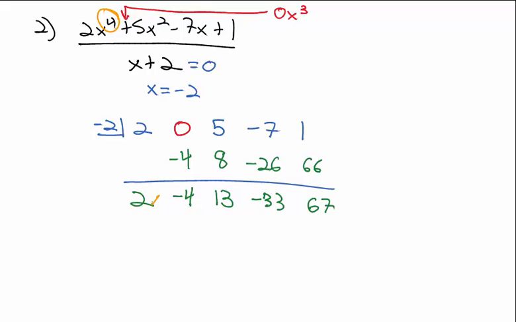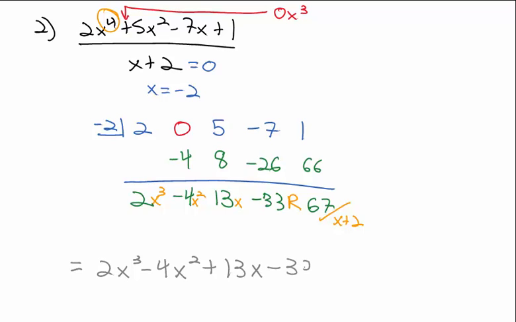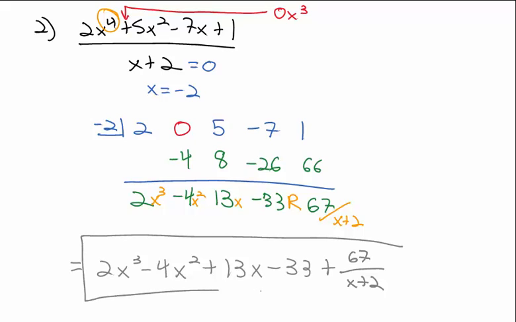Drop the exponent by 1, so we're going to start with x cubed, x squared, x, a number followed by the remainder, which is going to go over our denominator, x plus 2. So for our final answer, 2x cubed minus 4x squared plus 13x minus 33. This time the remainder is positive, so we will add 67 over x plus 2.